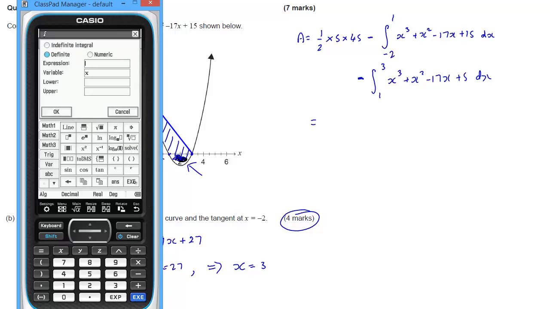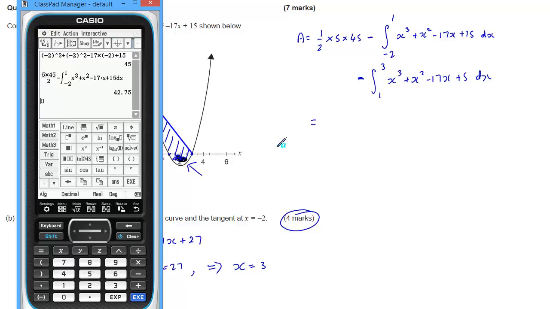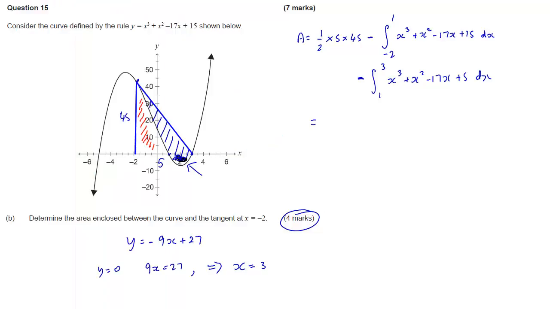We want a definite integral, and we know that we're going with this one from -2 through to 1, and we know that we have x cubed plus x squared, take away 17x, add 15, and just notice that I lost a 1 there for that 15.